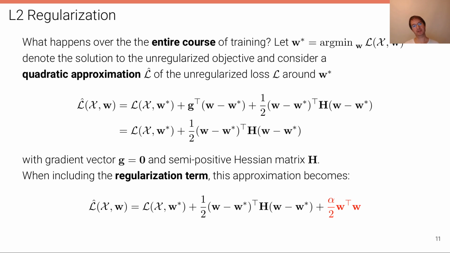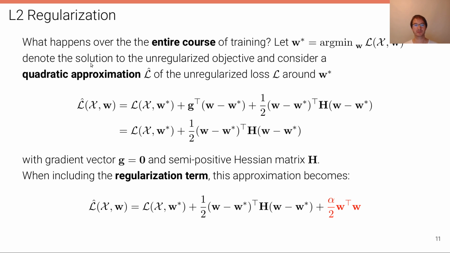Now this was for a single gradient update step, but what happens over the entire course of training? Can we also make a statement about the overall training? In order to do this, let's make a simplification. Let's consider W star as the optimum of the unregularized objective or loss function.